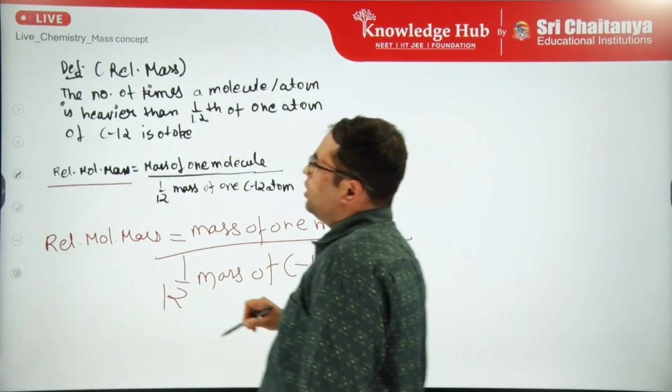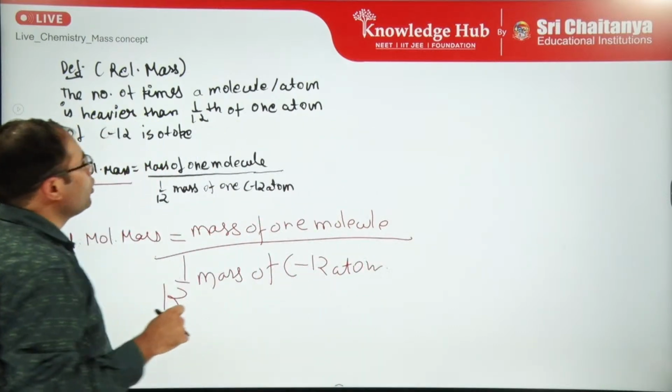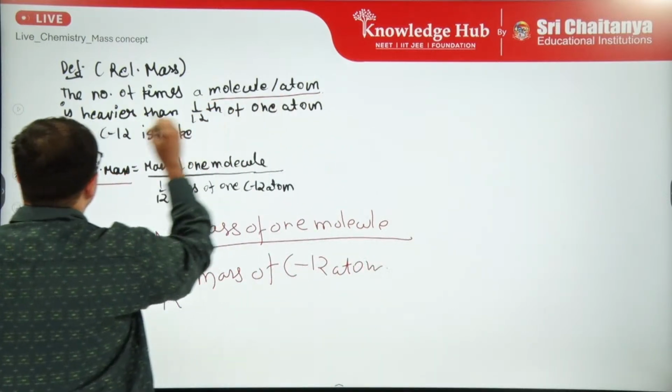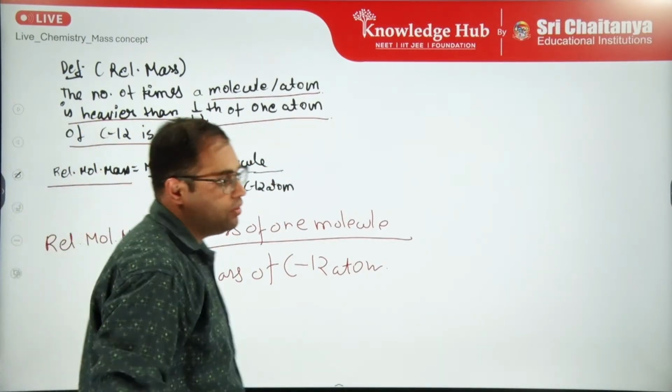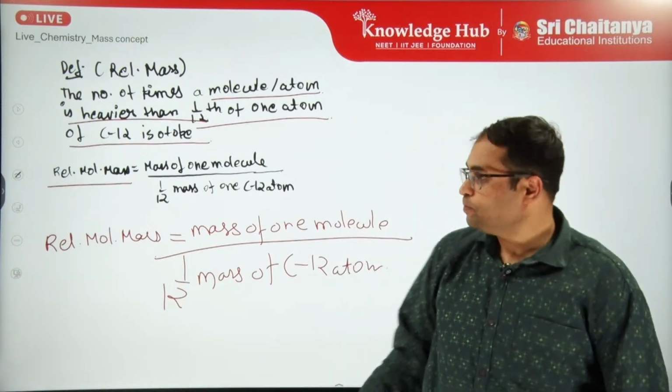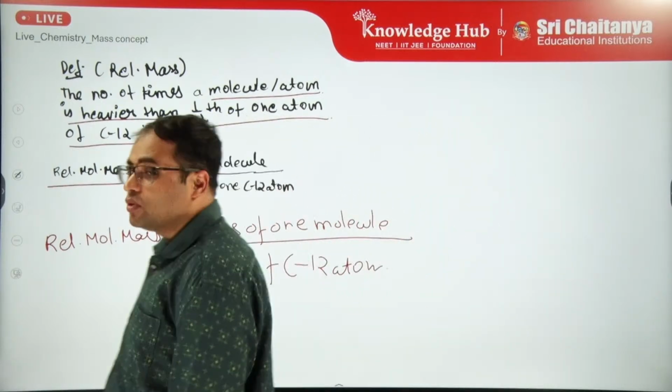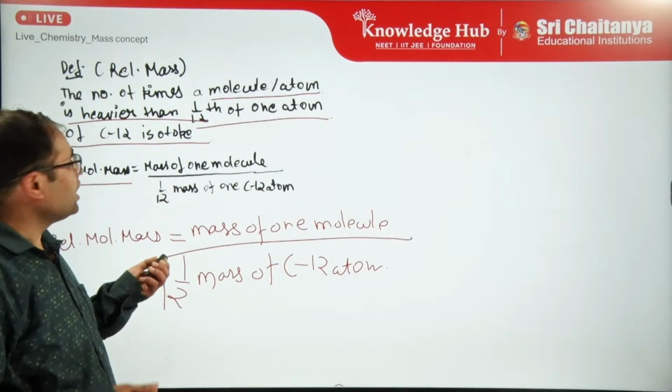The relative mass will be the number of times a molecule or an atom is heavier than 1/12 the mass of one carbon 12 isotope. That is what relative mass should be. I have already discussed this.